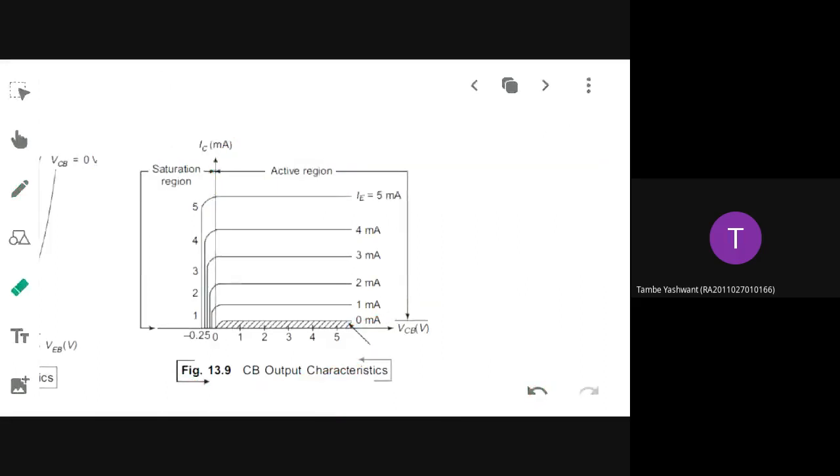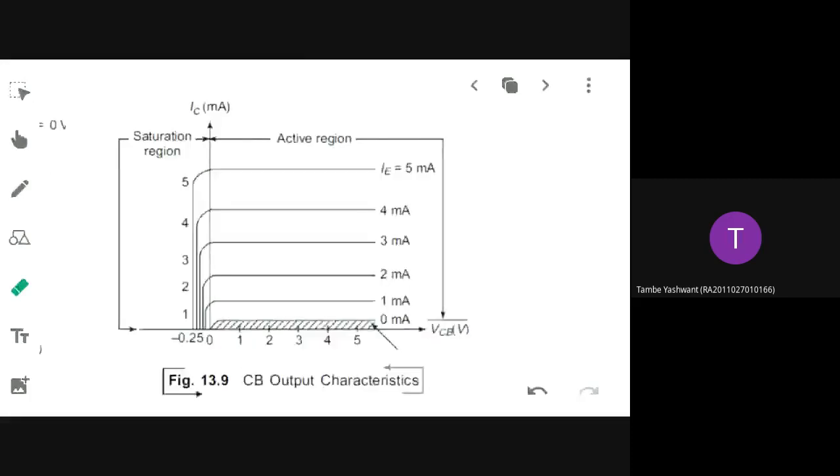The shaded portion I told you is cutoff. Now if you keep IE at 0, then you will get a cutoff. Now if you vary it to 1 milliampere, then you will get an increased curve. But what happens to the characteristics of the curve? You can see here in all these regions, what is the value of VCB?